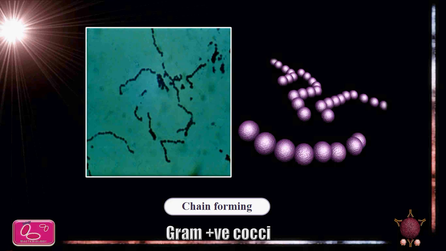So here you translate it into what we call gram positive, and then you comment on the shape. So is it a coccus or a bacillus? Is it rounded or is it elongated? So they are gram positive cocci, and then you can comment on any extra features. For example, here they are arranged in chains. So they are gram positive cocci and they are chain forming.